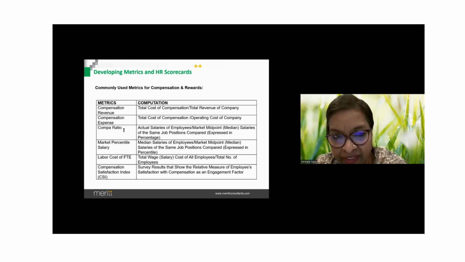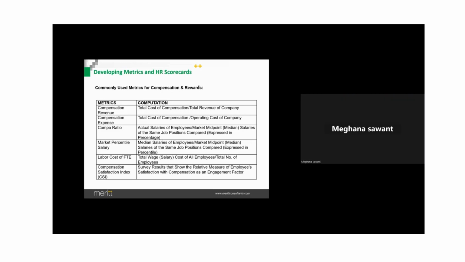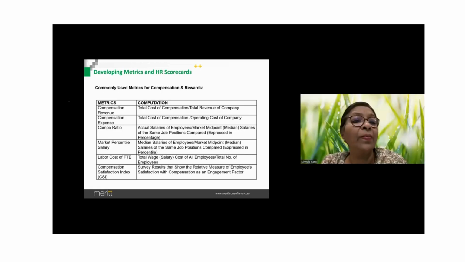Compa ratio. Here I want to give you a little bit of an understanding. Anybody who's heard of compa ratio? Benchmarking. It is a part of how much percentage it is, market median. But yes, as an individual, as an employee, you need to understand what a compa ratio is. Very simple measure.